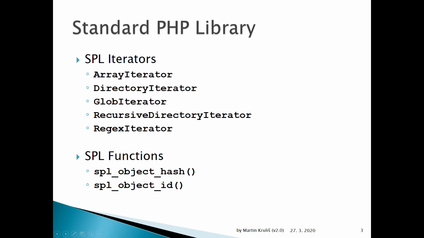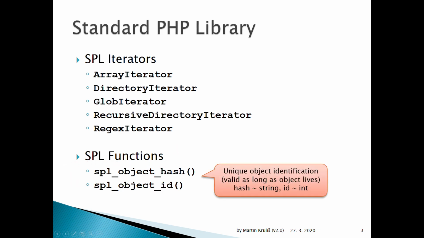Another thing is SPL functions. I would like to point out two SPL functions which are related to data structures: spl_object_hash and spl_object_id. These two functions give you a unique identification of an object, which is particularly useful if you need to place objects into hash maps or into other structures.